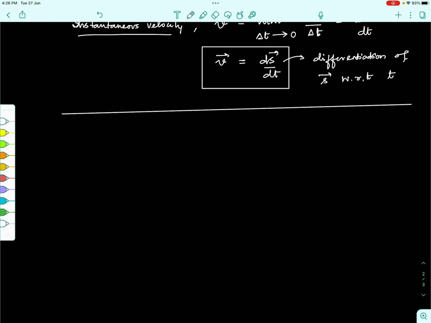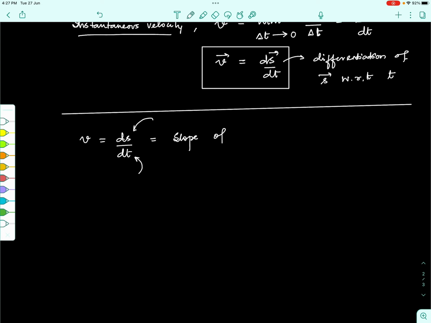Okay, so once we have got these basic definitions, now we can proceed further and understand a few more things related to this. Starting with the definition of instantaneous speed, which is v is equal to ds by dt. Understand that the differentiation of a function with respect to any variable graphically gives us the slope of that function within the graph.